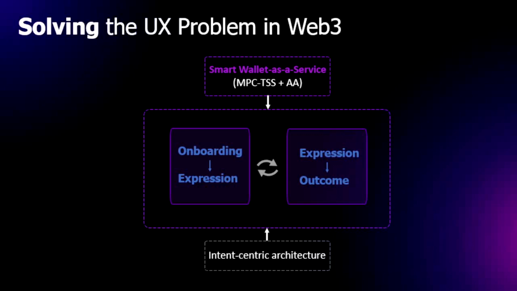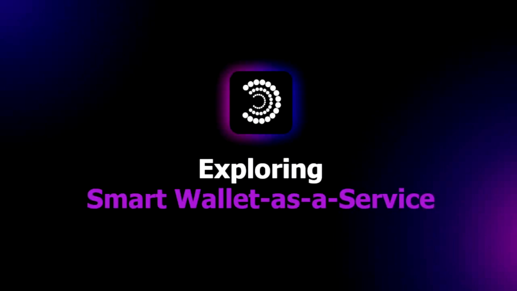So instead what we can do is create something that we call smart Wallet as a Service, which in simple terms is taking this idea of Wallet as a Service and introducing account abstraction natively to it, to create a more complete answer to the underlying UX problem of onboarding that Wallet as a Service aims to provide a solution to. So I'm going to talk a little bit about what combining account abstraction and MPC TSS, or in this case, Wallet as a Service, actually brings to end users and how it changes the onboarding flow.